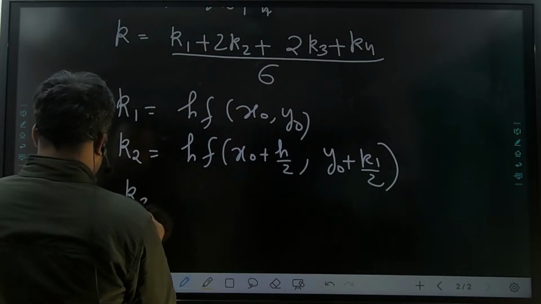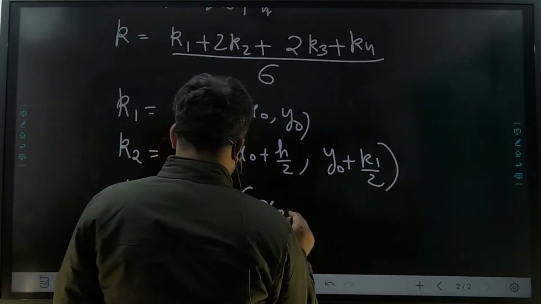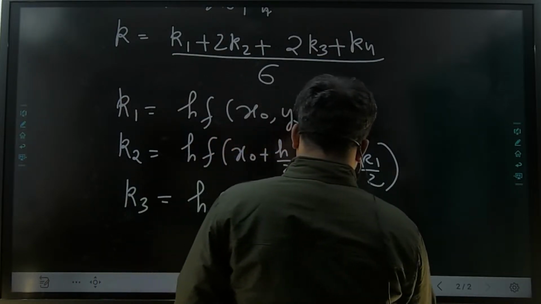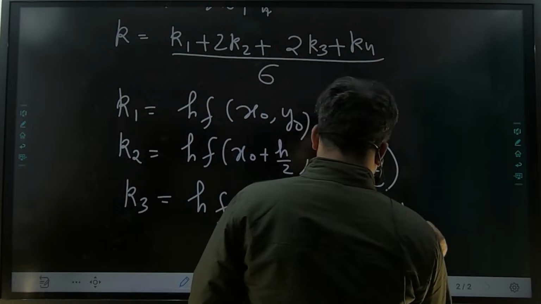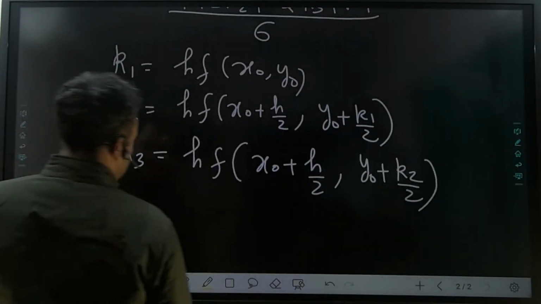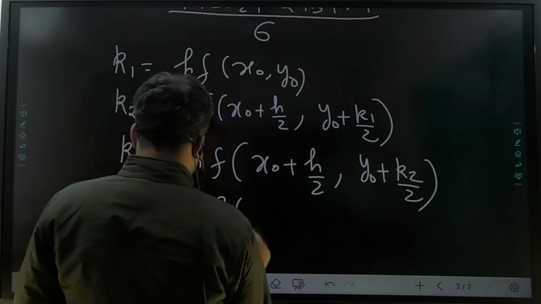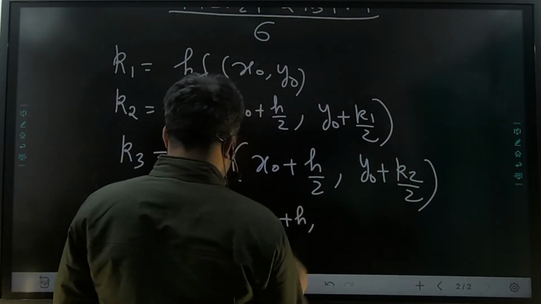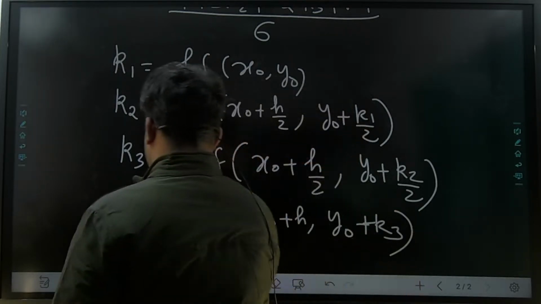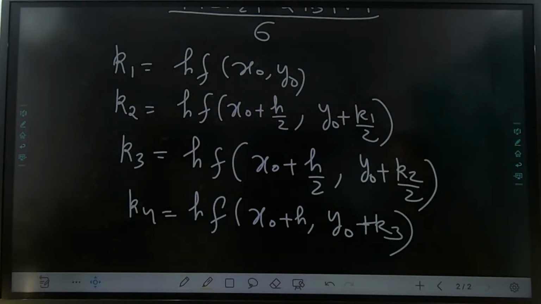Then k3 is given by step size multiplied with the function value at x0 plus h by 2 and y0 plus k2 by 2. And then k4 is step size multiplied with the function value at x0 plus h and y0 plus k3. So in this way you have to calculate all these constants.